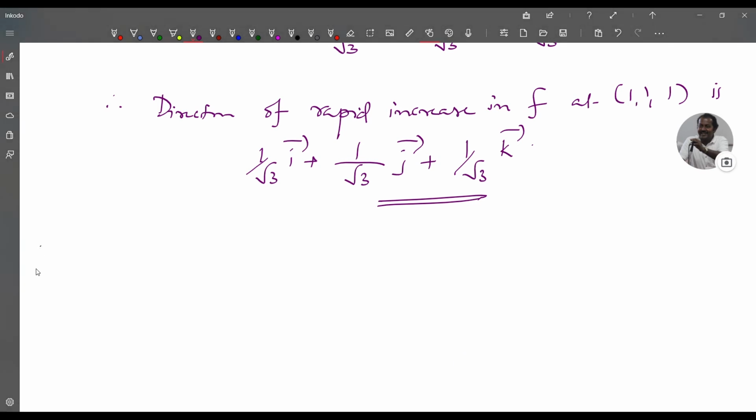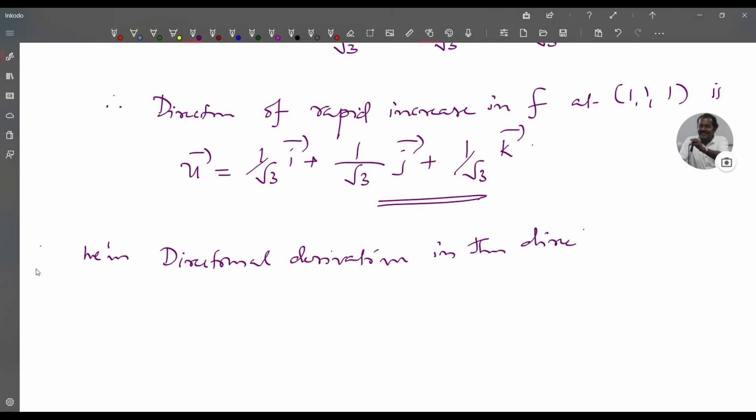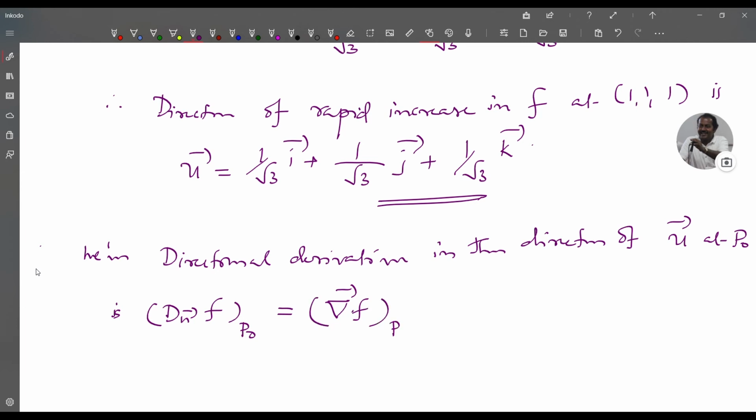So we have directional derivative in the direction of u is Duf at p naught, which is del f at p naught dot u.